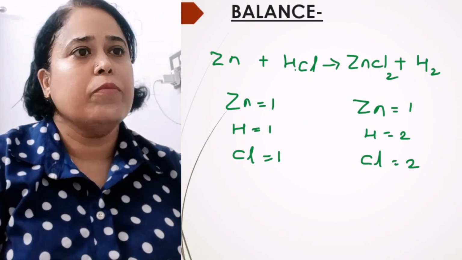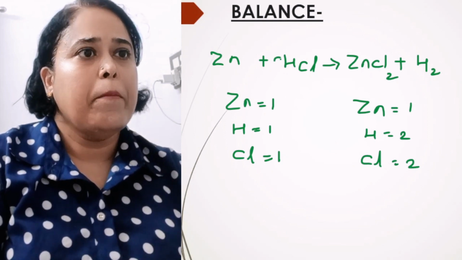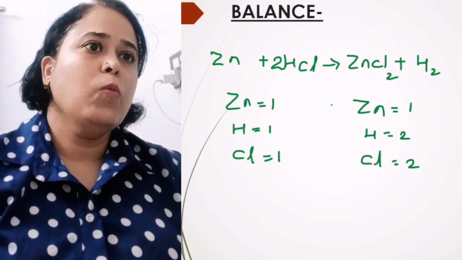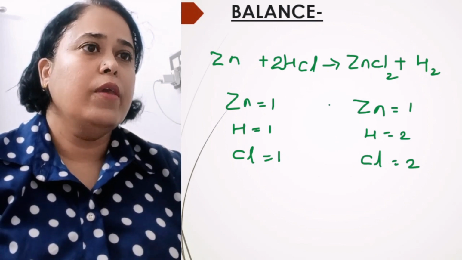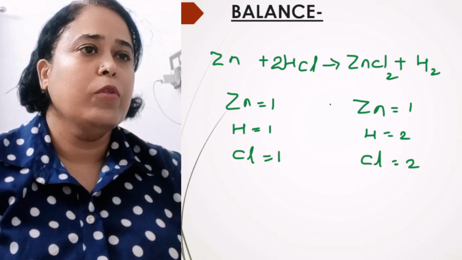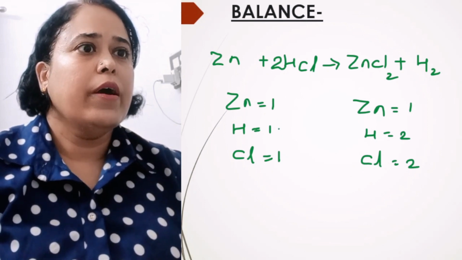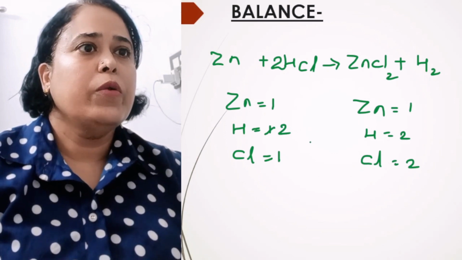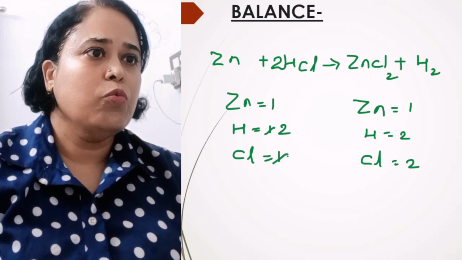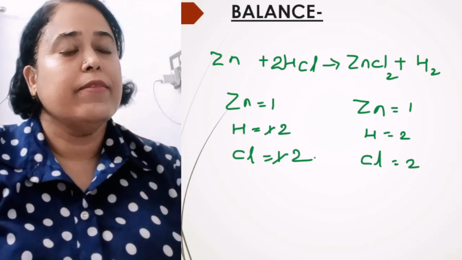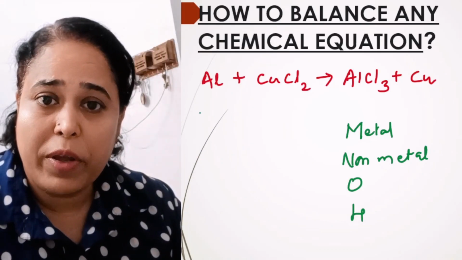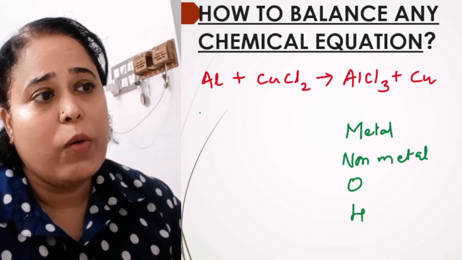Chlorine is unbalanced, so balance it. Is it balanced now? Yeah. Zinc on both sides 1, hydrogen on both sides 2 atoms, chlorine on both sides 2 atoms. Yeah, it's balanced. We will try to balance it using a trick.